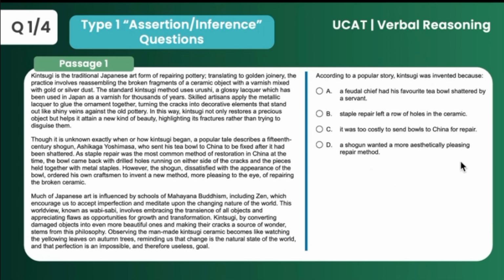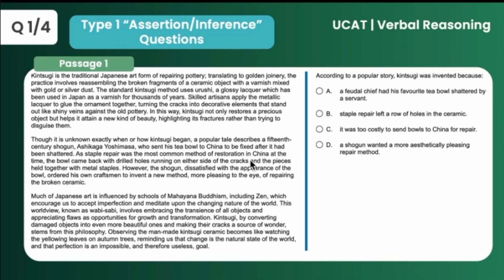But in this case, I would say it's probably D that is the answer, because the staple repair leaving a row of holes in the ceramic didn't necessarily lead to the making of that new bowl. They could have just left it with the staple repairs. It led to the invention of kintsugi because the shogun wanted a more aesthetically pleasing repair method.